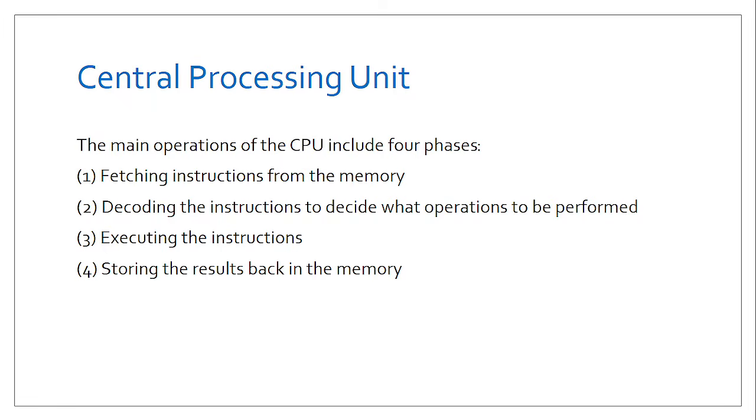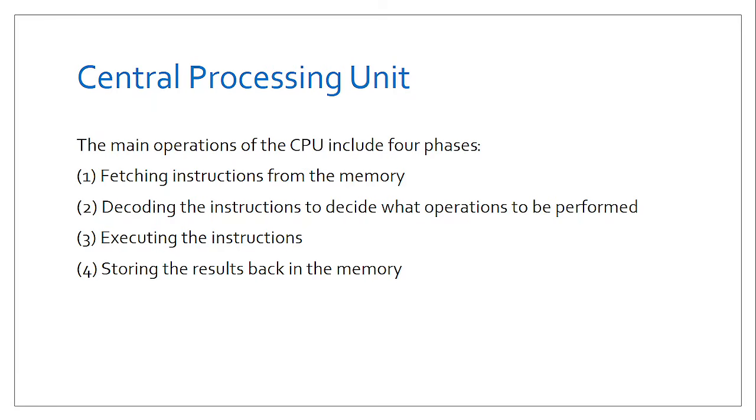Ideally, the central processing unit performs these operations in 4 phases. We have the first phase, fetch, then decode, execute, and store. When we talk about fetching, the CPU needs to fetch instructions that are stored in the main memory so that it can process them.